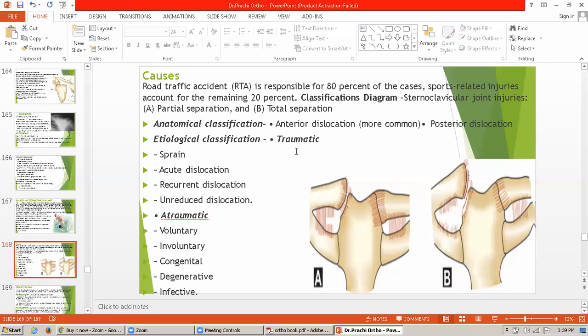Etiological classification shows that there is traumatic, that is firstly sprain, then acute dislocation, recurrent dislocation, unreduced dislocation, and atraumatic, which includes voluntary, involuntary, congenital, degenerative, and infective etiology.